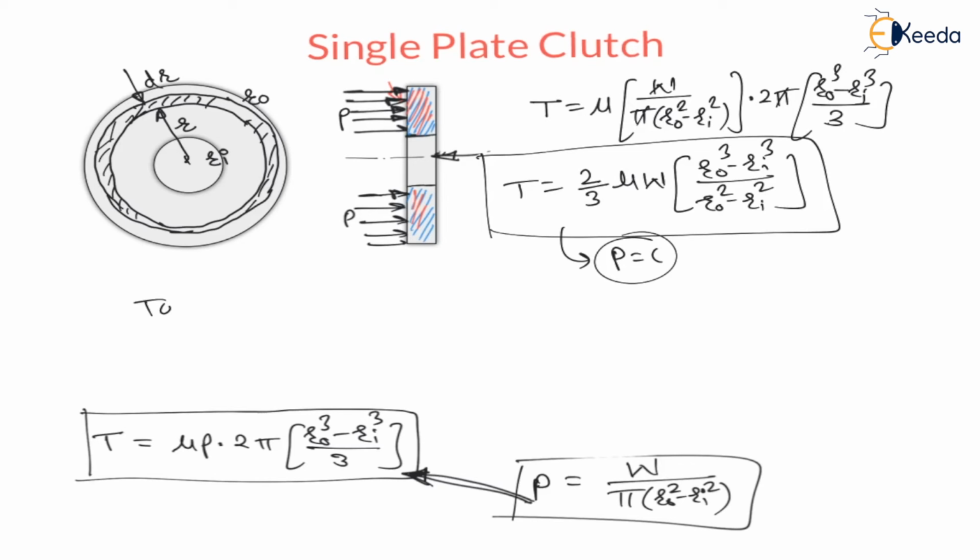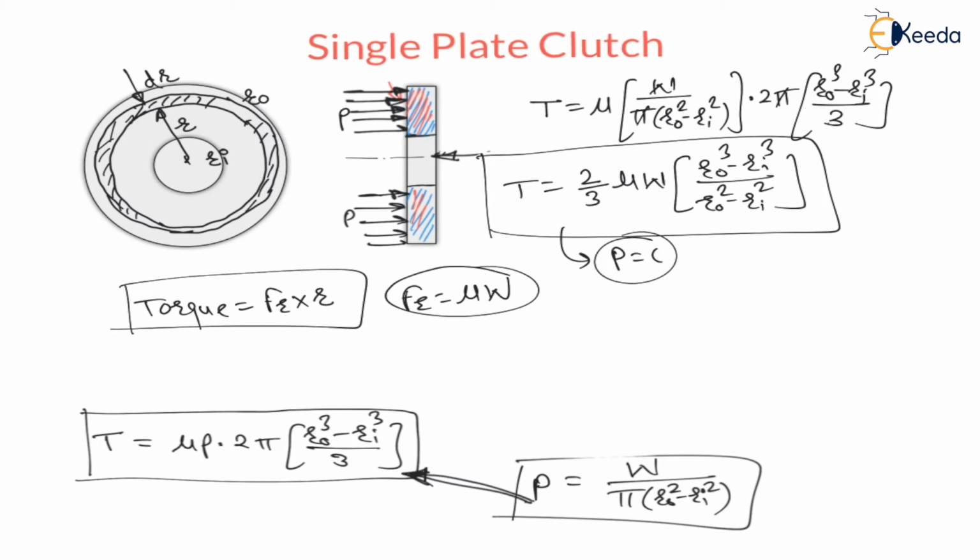Now what is torque? Torque is nothing but friction force into radius, right? Now here equate this formula, and friction force is nothing but mu times normal reaction, mu W, right? Therefore we can say torque is equal to friction force mu W into mean radius of friction, Rm. That is mu W Rm, where Rm is the mean radius of friction, right?